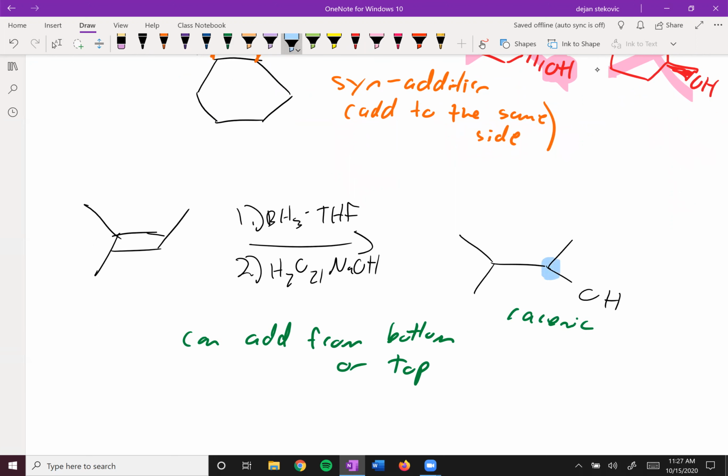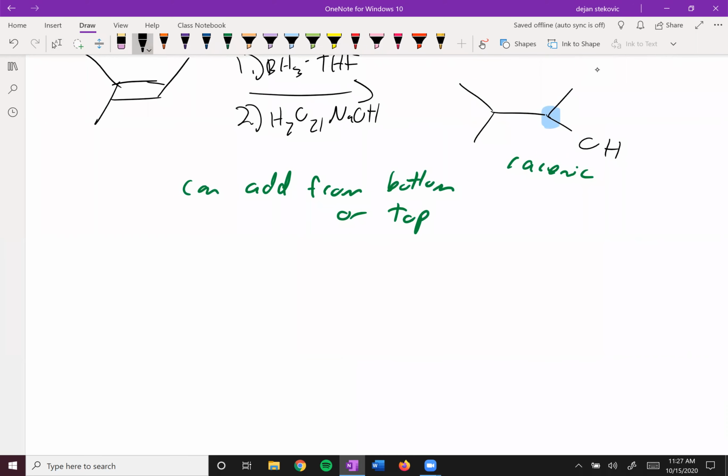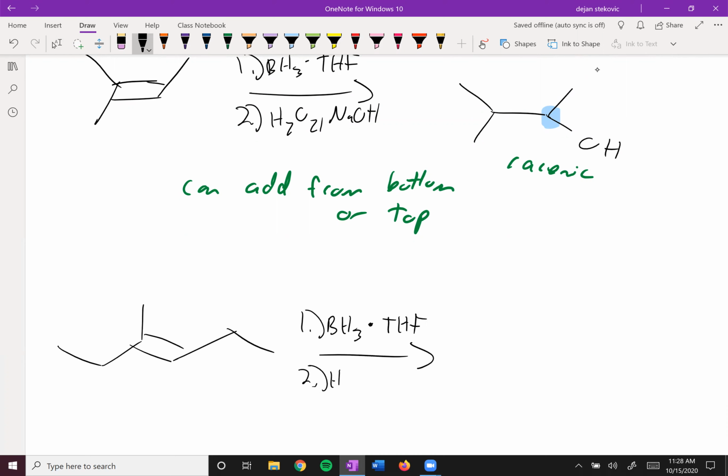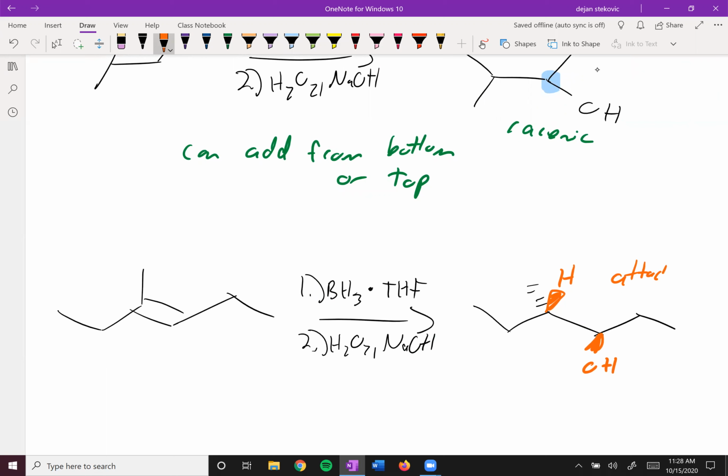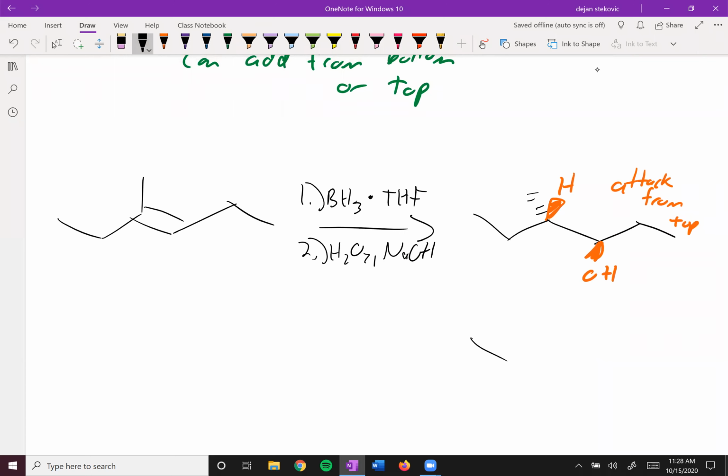However, in the example with our methyl cyclohexene, if we have multiple stereocenters being formed, we only get the syn addition. And so if we add from the top, right, this is the attack from the top, we get this product, or our borane can be added from the bottom or underneath the alkene.